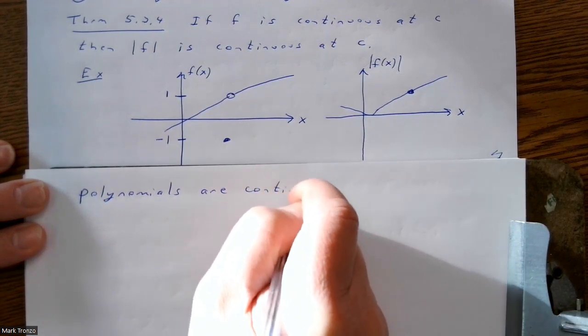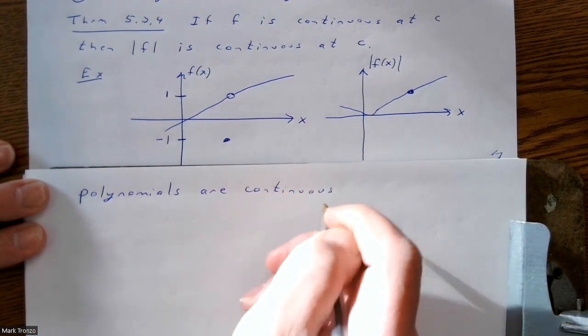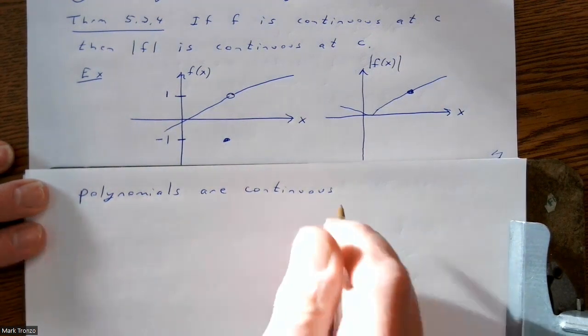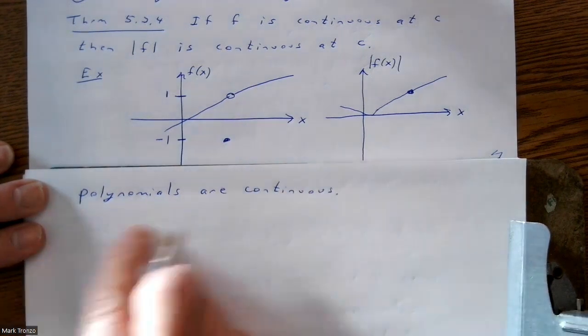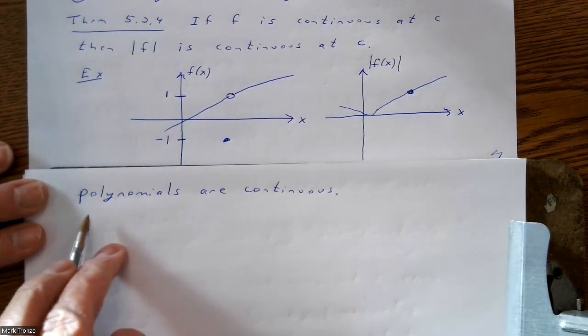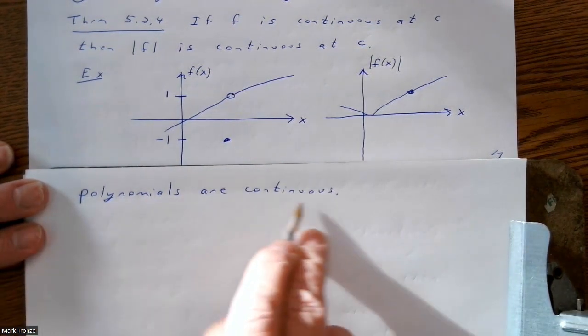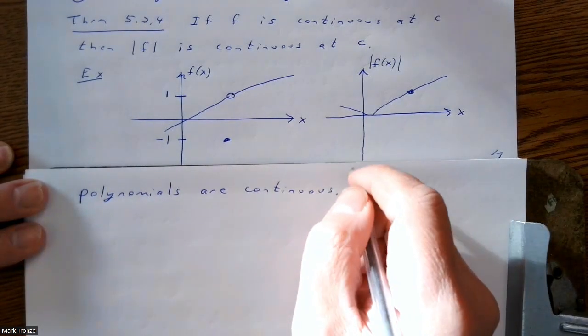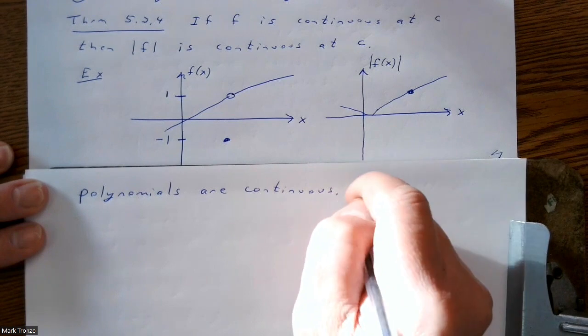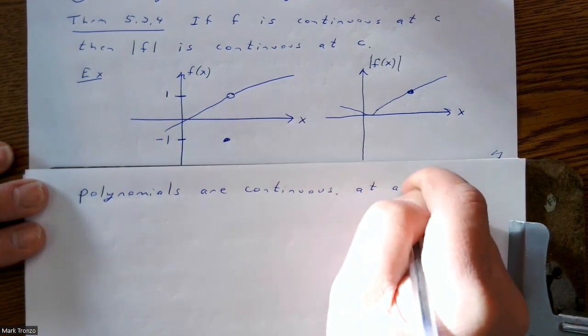Remember, if you were in calculus or calc 3 with me, we did a lot of domains. Remember, polynomials have domains of all real numbers, and they're also continuous at all real numbers.